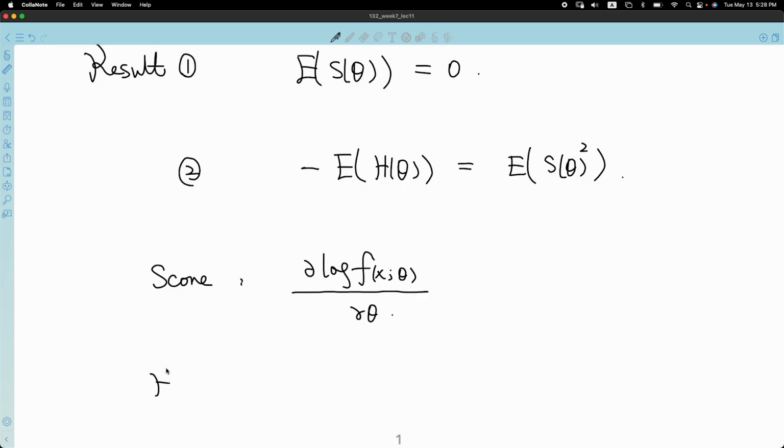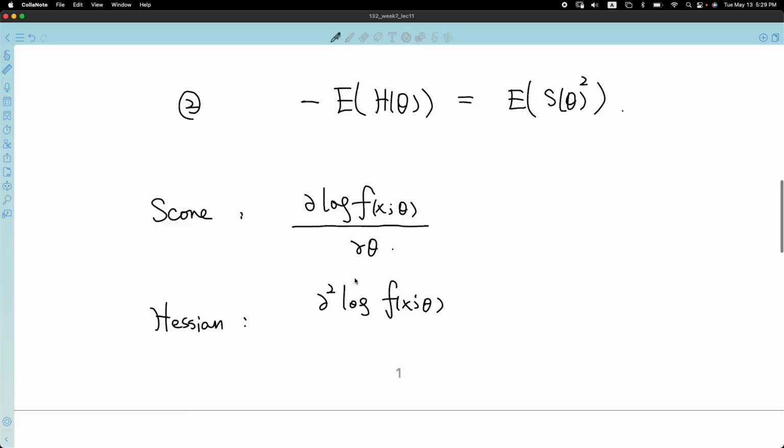And your Hessian comes from the second order derivative of the log likelihood, d theta squared. Here these log likelihoods are not the joint version. It's referring to the single data point. As long as you don't have the multiplication of n copies, that is referring to the log likelihood, not the joint version.